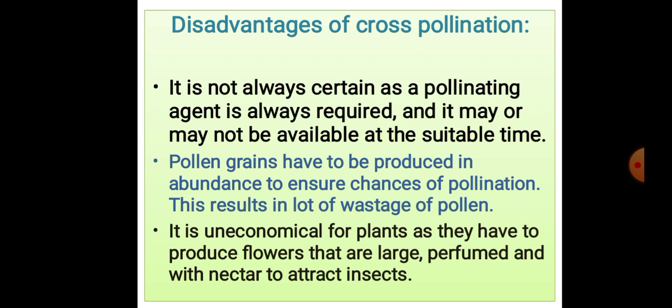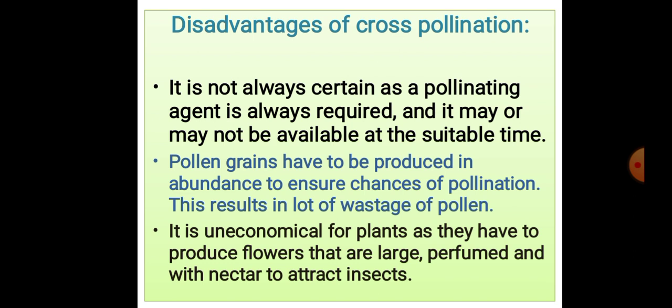Do you understand about the disadvantages of cross pollination? External agency is involved, so the chance factor is always there. If a pollinator is visiting, then only is there a possibility of pollination. A large amount of pollen grains is wasted in this way.